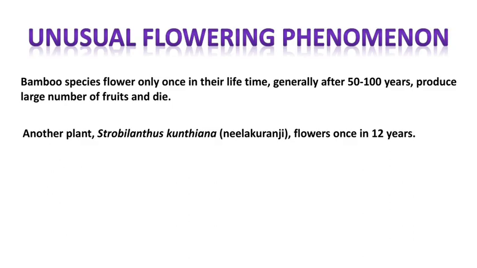Now, what are unusual flowering phenomena? There are certain plants which follow different flowering phenomena. For example, you have the bamboo plant. I know you must have heard about it. In bamboo species, the flower comes only once in a lifetime, and that too after 50 to 100 years.